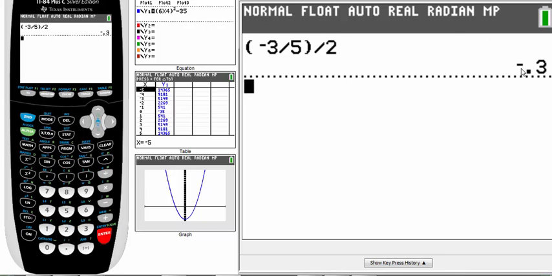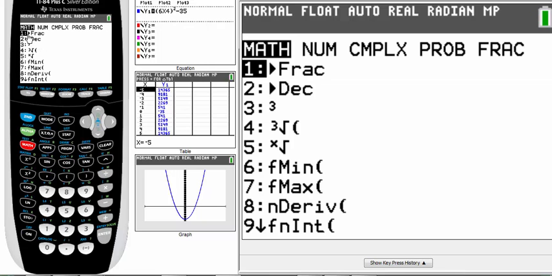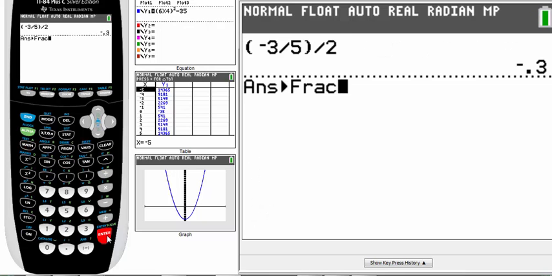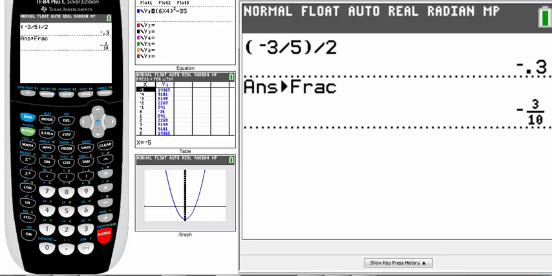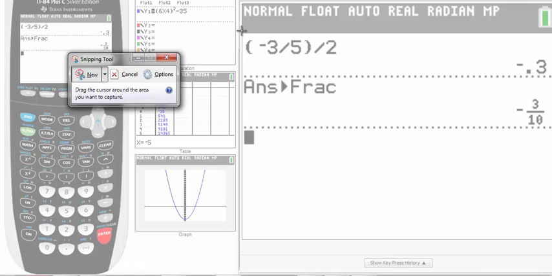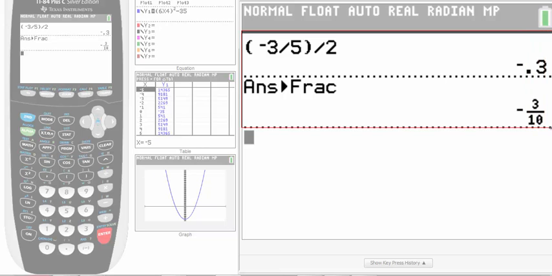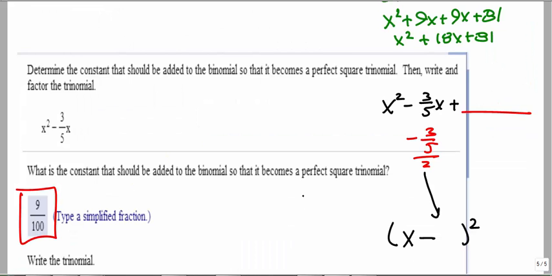Now we don't want to work with decimals, so we can switch this to a fraction by going to math, frac, converts it to a fraction, and we get, enter one more time, -3/10. So half of a -3/5 is a -3/10. And I will pop this into our work in case you want to see how to do this in your calculator again.